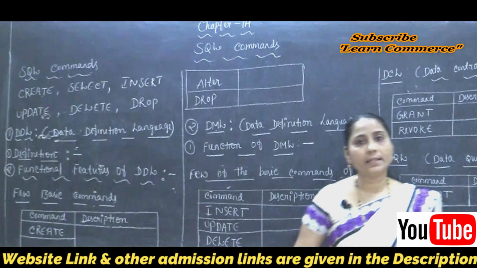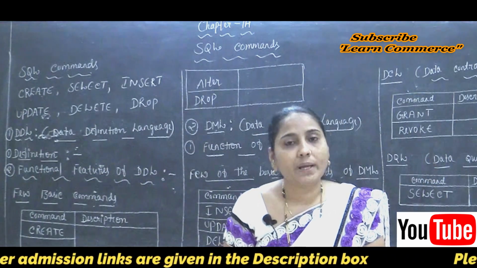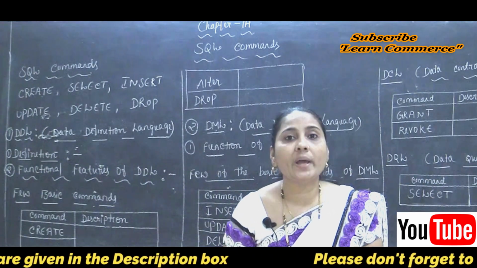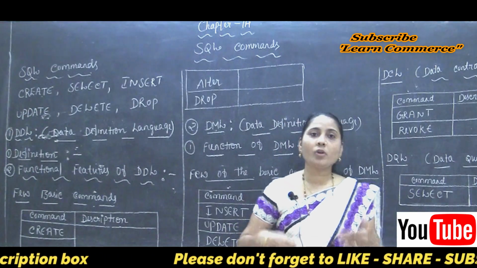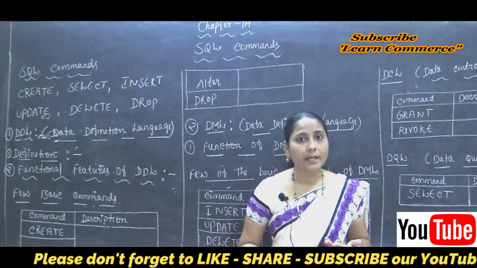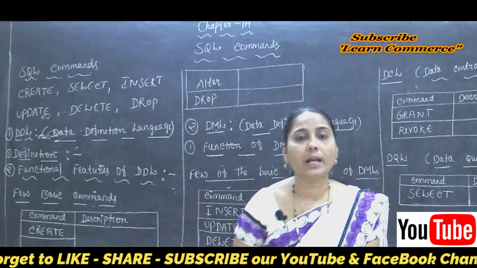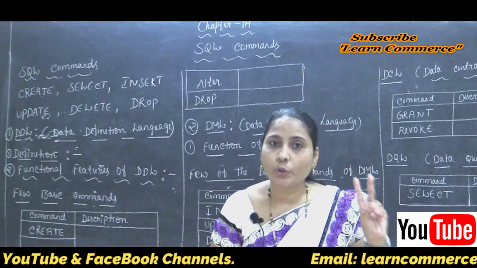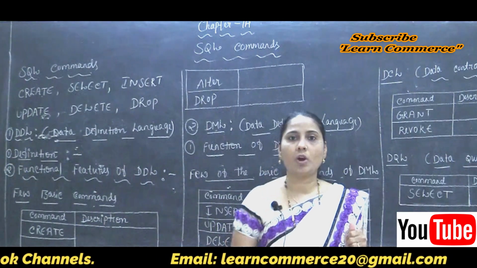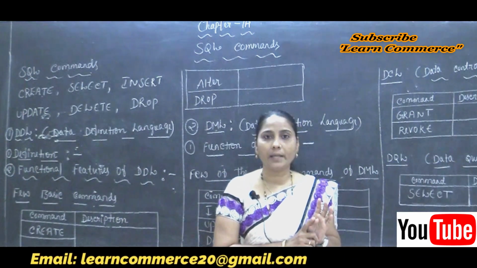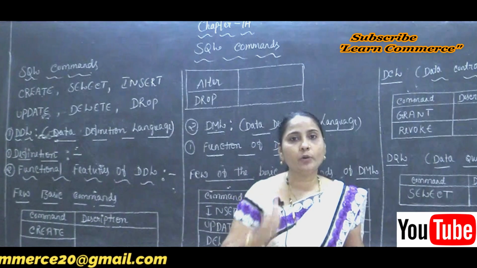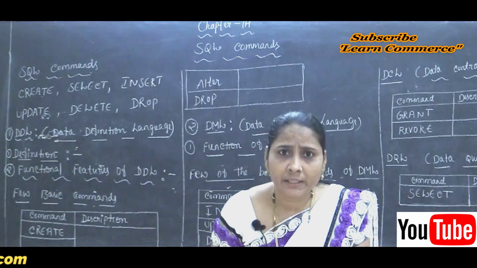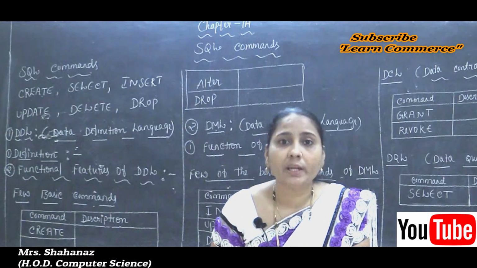The commands can be classified into groups based on their nature. In the first class I already spoke about the SQL language classification. SQL is classified into 2 groups. The first group is called DDL, data definition language, and the second group is called DML, data manipulation language.